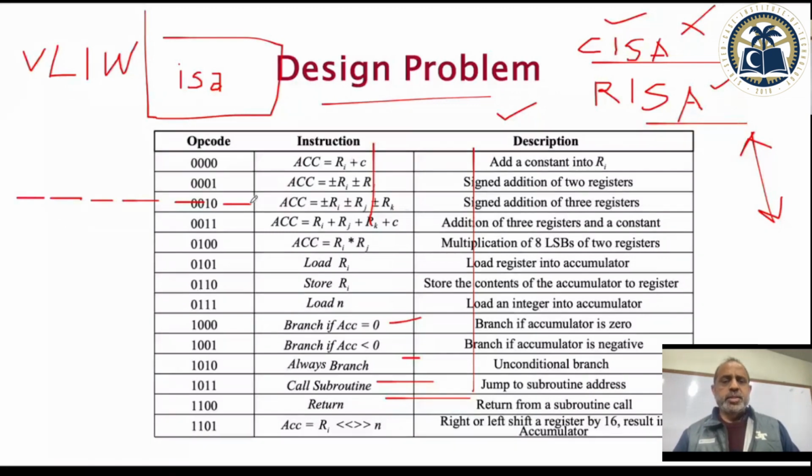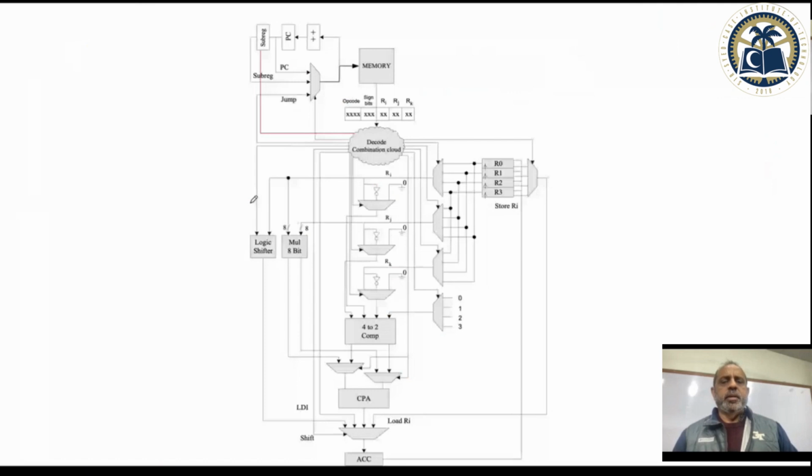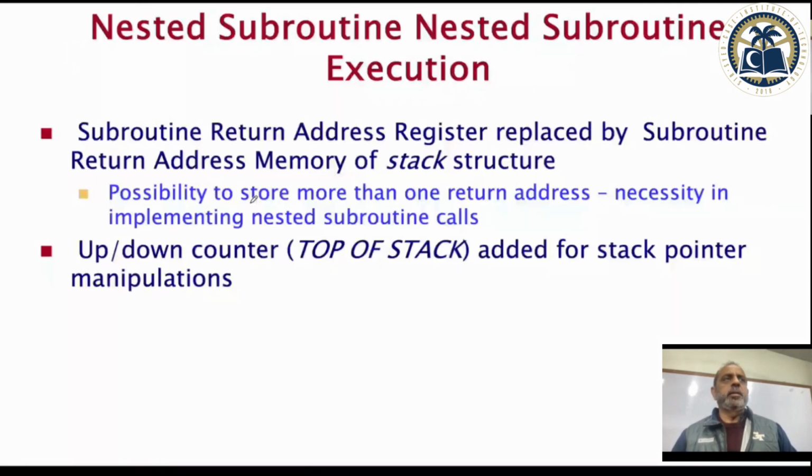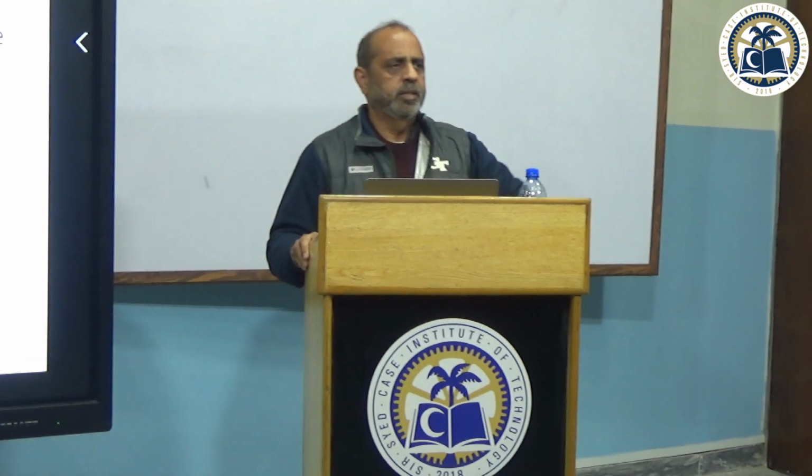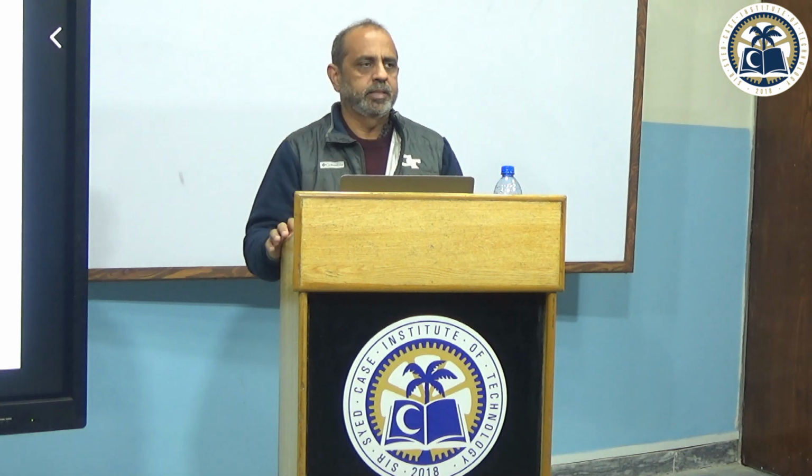So instruction set architectures are very interesting because they give the user the ability to write a program and change the program. If it is very general purpose, like Pentium or MIPS or RISC or ARM, they are designed keeping no application in mind, because they are supposed to do almost anything.